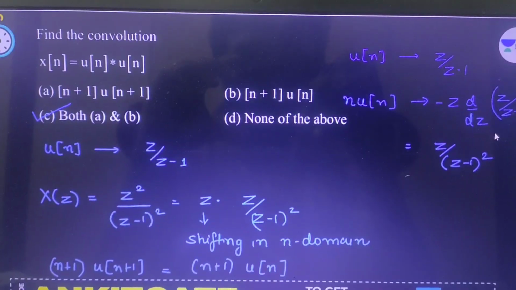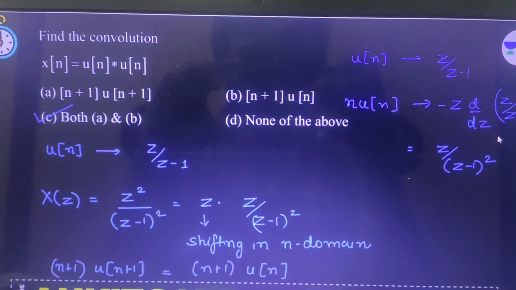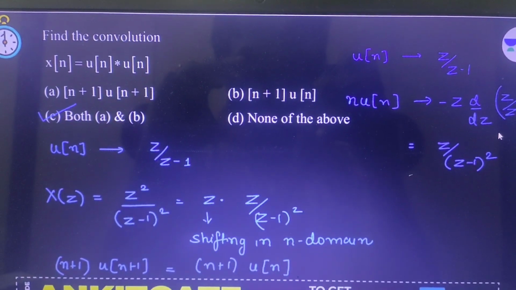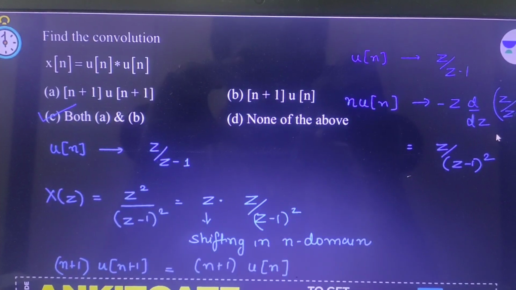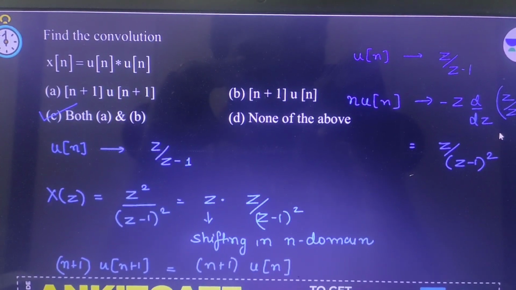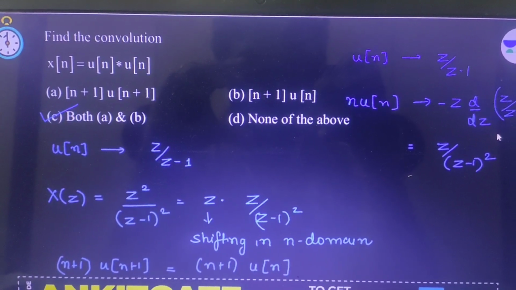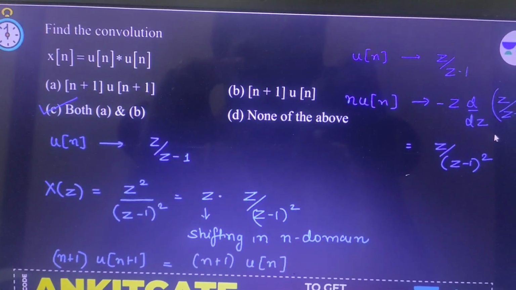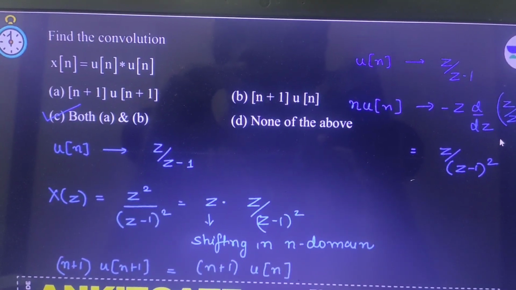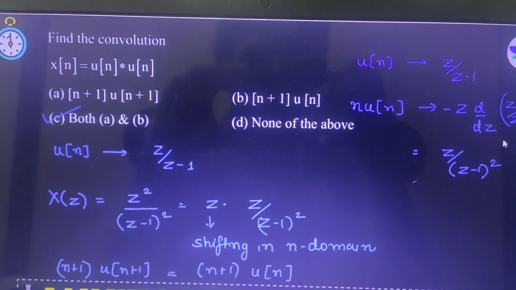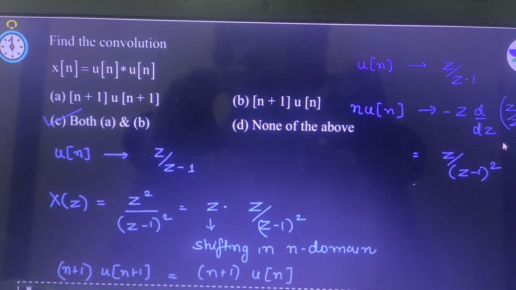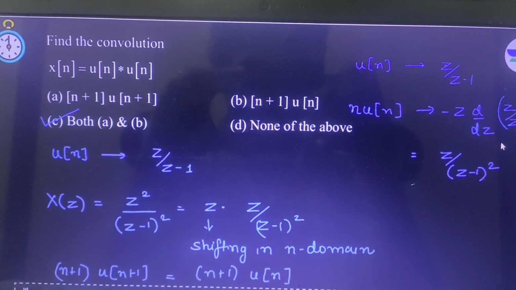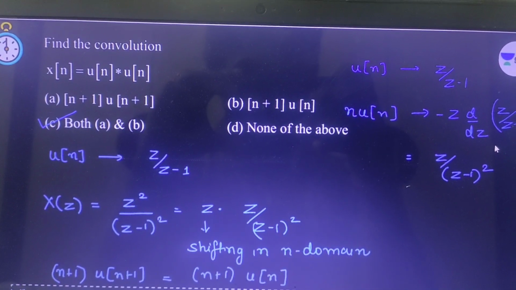Find the convolution of x of n, which is u of n convolved with u of n. U of n you can write as z by z minus 1. When u of n is convolved with u of n, there will be multiplication in the z transform. You will get z square by z minus 1 whole square, which you can divide into z into z by z minus 1 whole square.